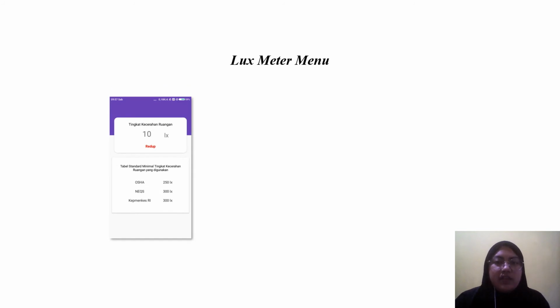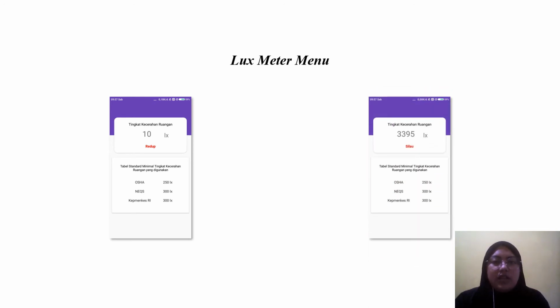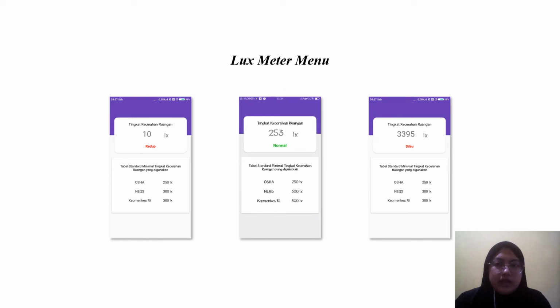If above 1000, the category label will show the word glare and a notification will appear that the room is too glare, as shown like this. If it is neither, or in between, the category label will indicate the word normal, as shown like this. This menu also displays a standard table, as stated in the introduction.